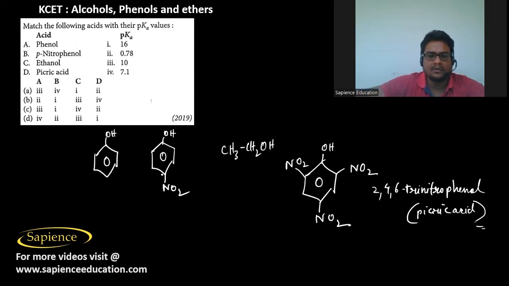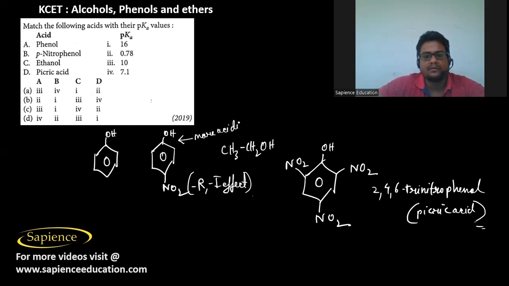Now here obviously we have one NO2 group, the nitro group, it has got minus R effect and minus I effect, so it is an electron withdrawing group. So it will increase the acidity of this phenol. So this is more acidic than phenol, obviously.